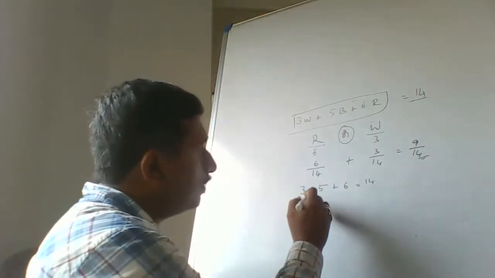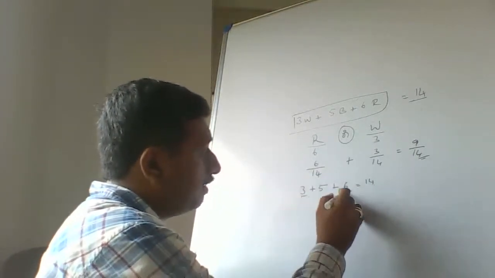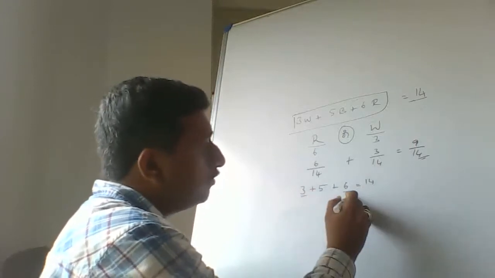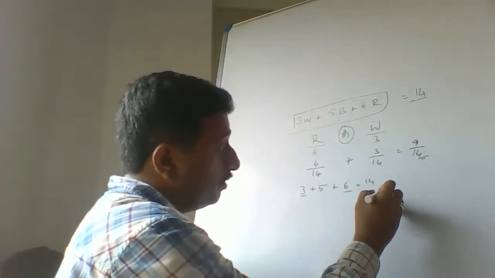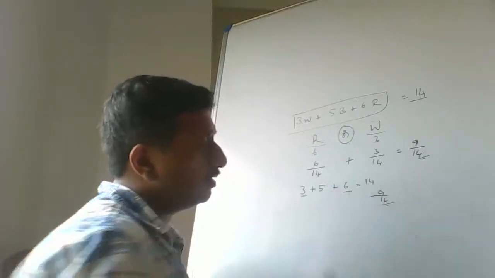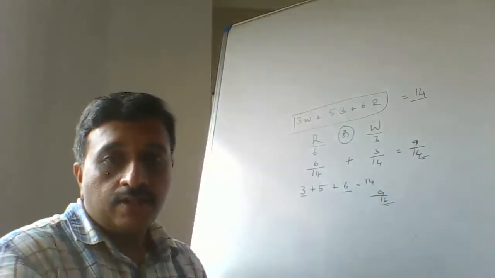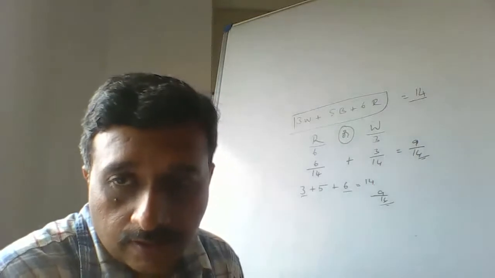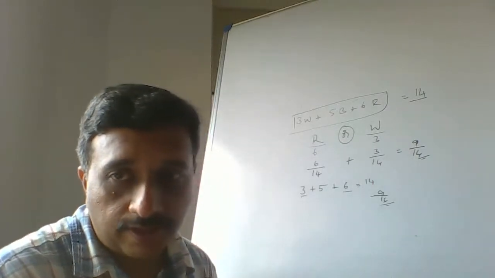The requirement is red, which is 6, and white, which is 3. That's it. So directly if you add these up, you get 9 out of 14. There is nothing more to it. Any queries? I hope this clarifies your doubts.